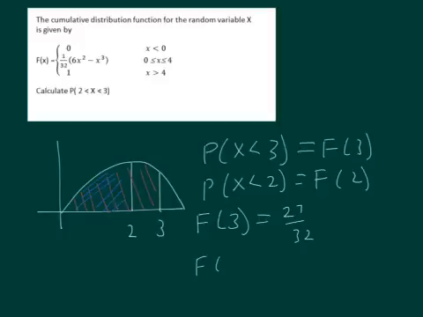F of 2, we need to put 2 into that expression. So 2 squared is 4, 4 sixes is 24, 24 minus 2 cubed, that's 8, that's 16, 16 over 32 is a half. So the probability that x is between 2 and 3 is 27 over 32 minus a half, which is 11 over 32.